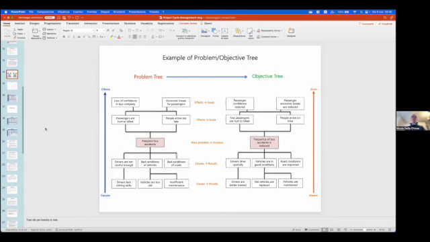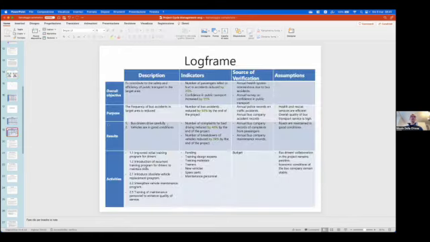But as you saw, this problem, which transformed in objectives would be road conditions are improved, doesn't appear in our results. And this is the choice of the project, because in this case, the organization that is going to realize this project doesn't have the possibility, the competence, or the means to work on the road conditions.